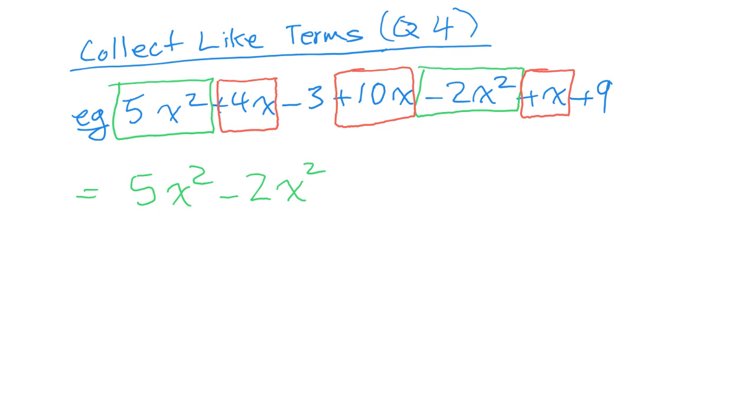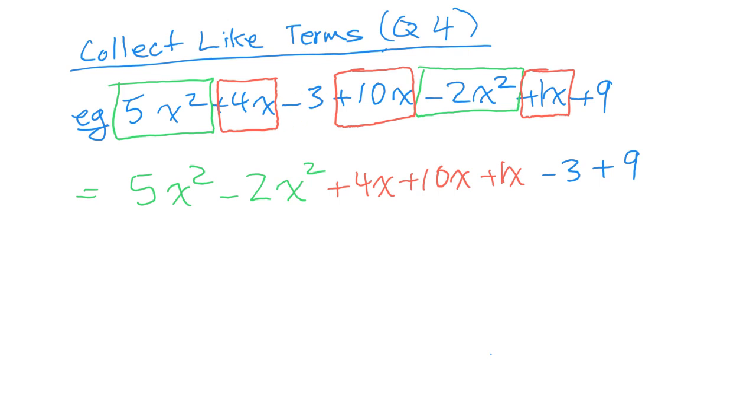So now we have plus 4x plus 10x and then plus x, which is really, remember, 1x is really just 1x. So we're just going to put those together. And then we're going to add up the rest. So we still have a minus 3 and a plus 9 left over. So we tack those on to the end, as we see right here.